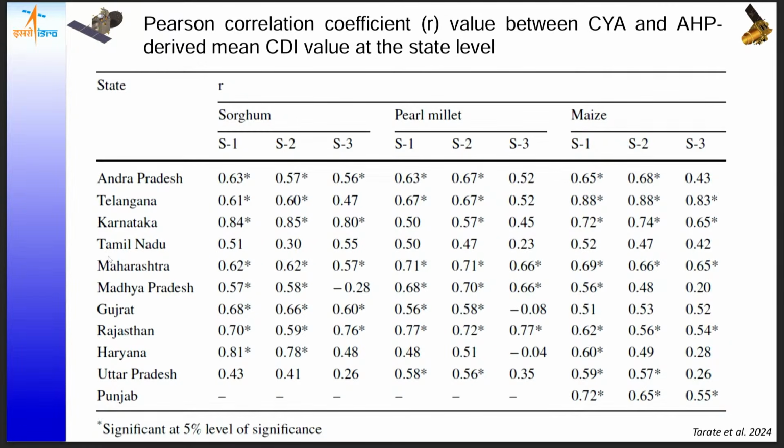So remote sensing, GIS, or geospatial technology gives significant results in spatio-temporal variability for drought assessment and monitoring, and it is truly and significantly correlated with crop yield data sets.